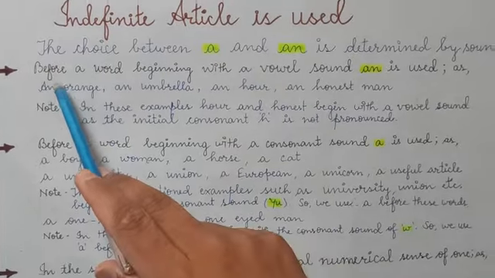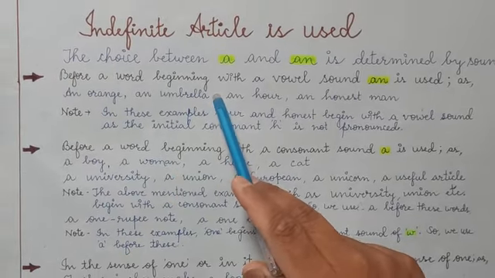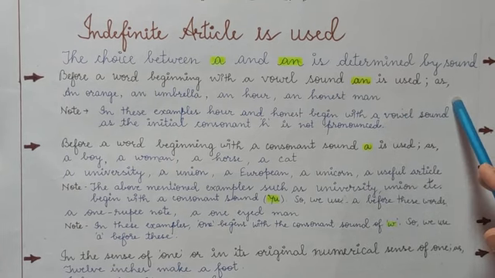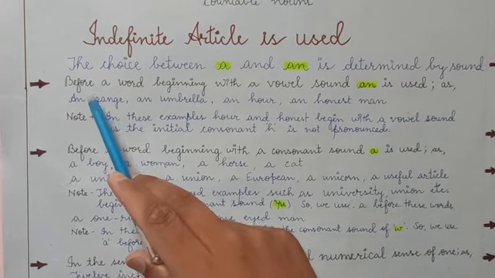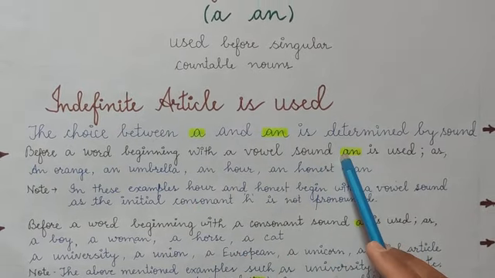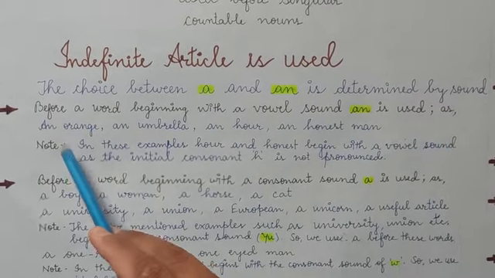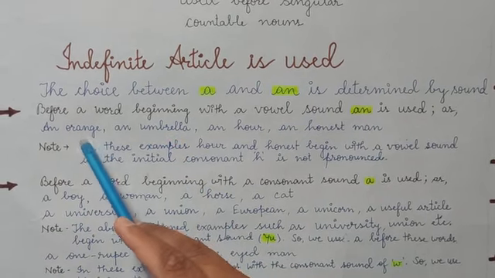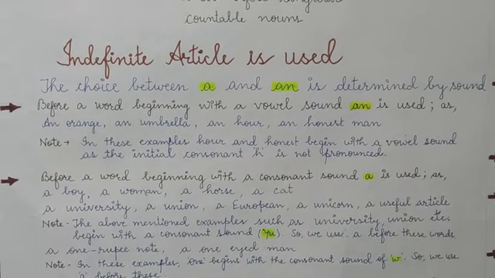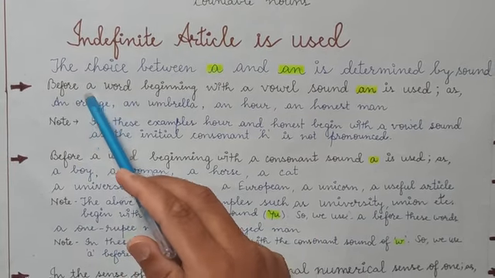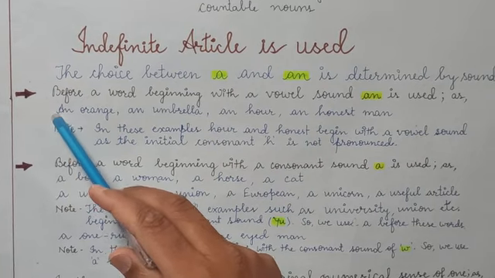First rule, you see, before a word beginning with a vowel sound, an is used. I repeat, before a word beginning with a vowel sound, an is used. In these examples you will find all the words are beginning with the vowel sound. That's why before these words you will find an.